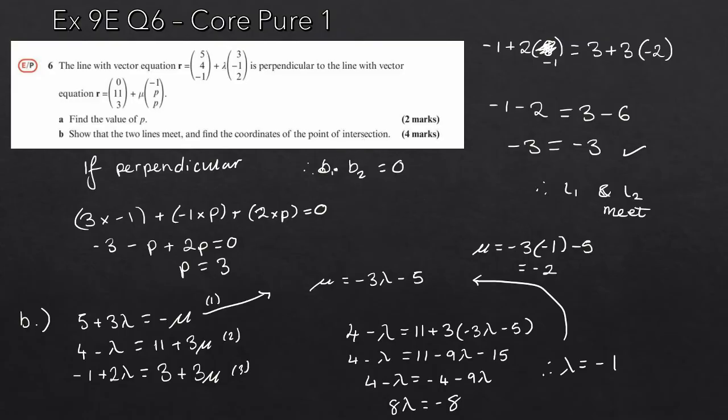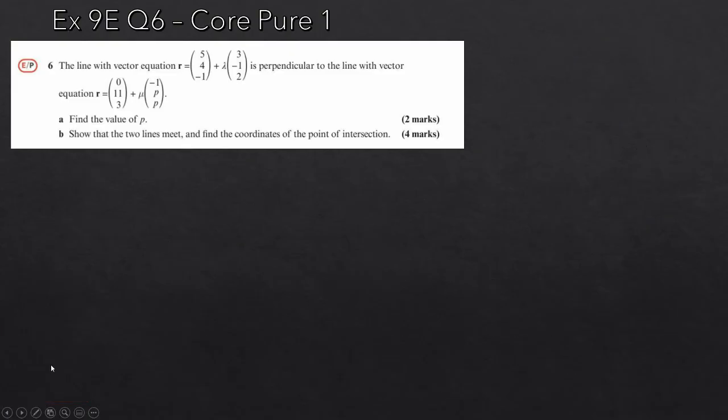So all I'm going to quickly do now is clear all this. And what I need to do is take, say, my first line here, L1, and just substitute the lambda value in. So we know lambda is equal to minus 1. All I've got to do is sub that into this point here.